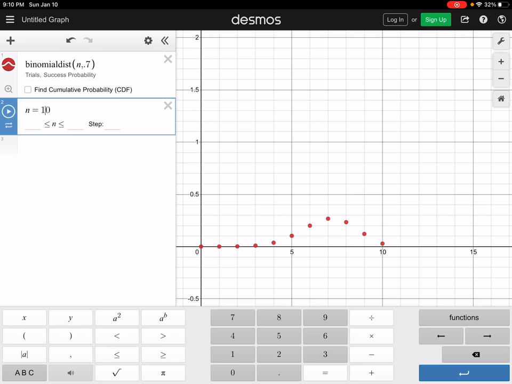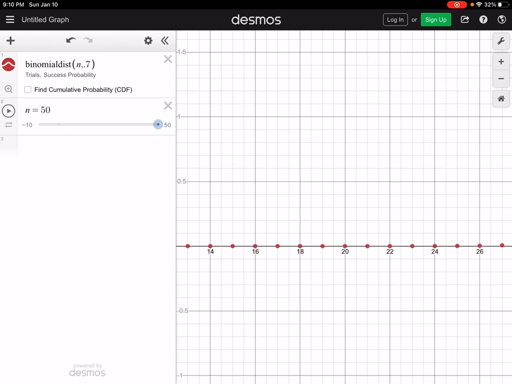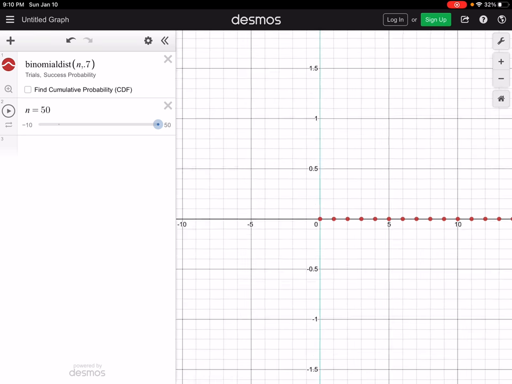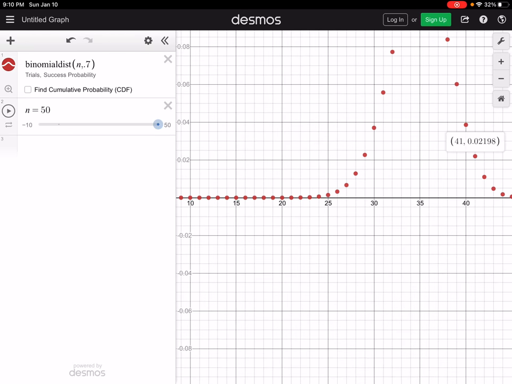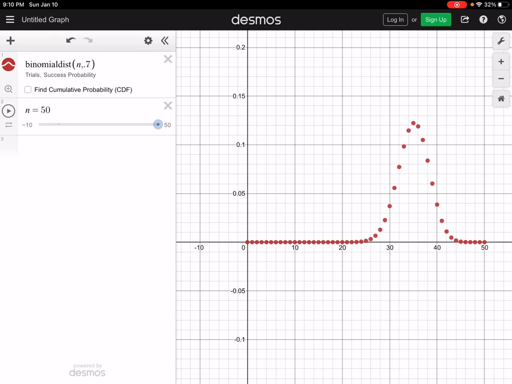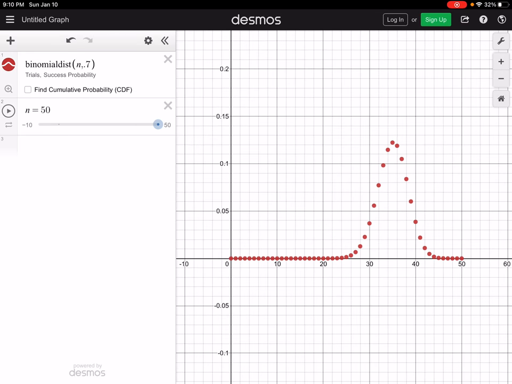Now, if instead of 10, maybe we made it 50. Again, things get kind of spread out. I have to play with my scale a little bit. But this is getting more normal distribution-y. There's always going to be a bigger tail on one side than the other.